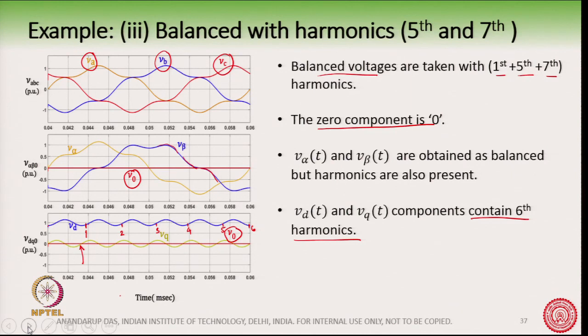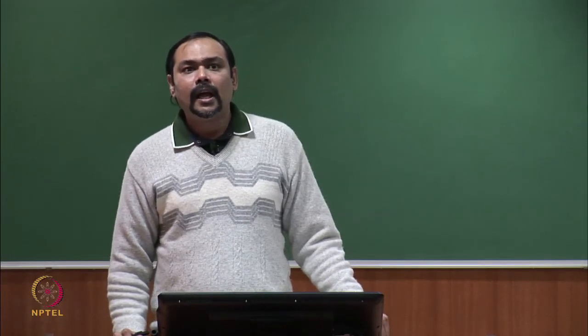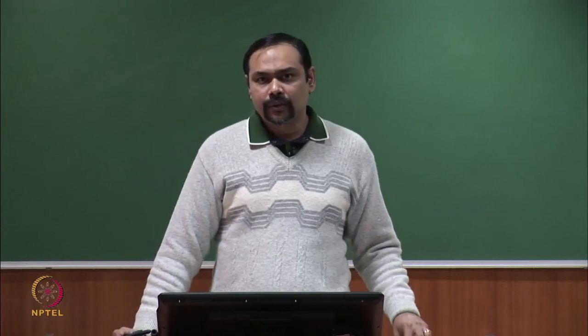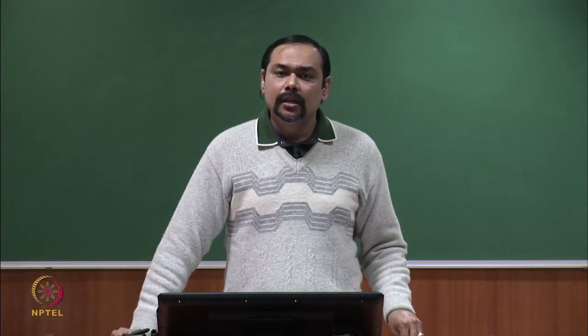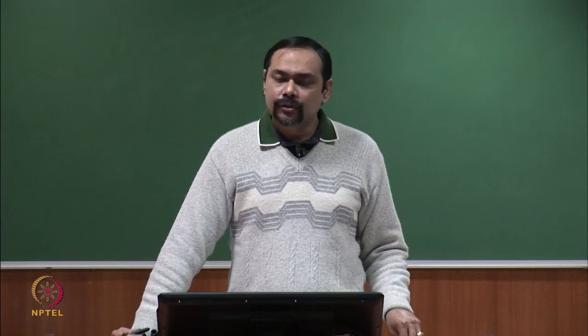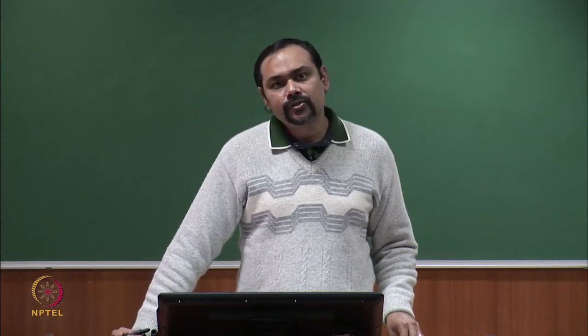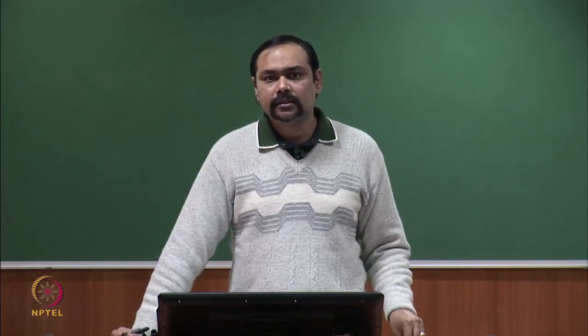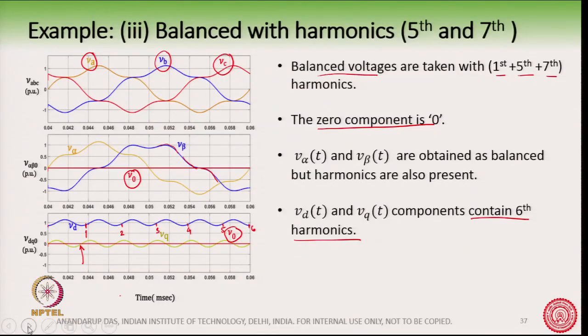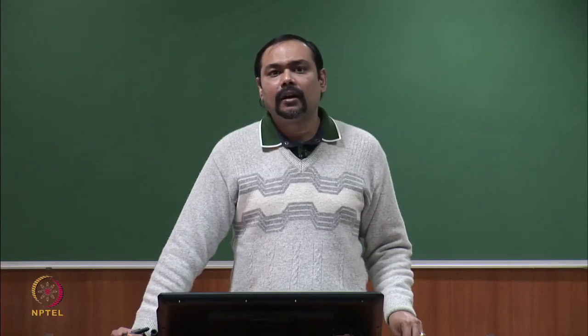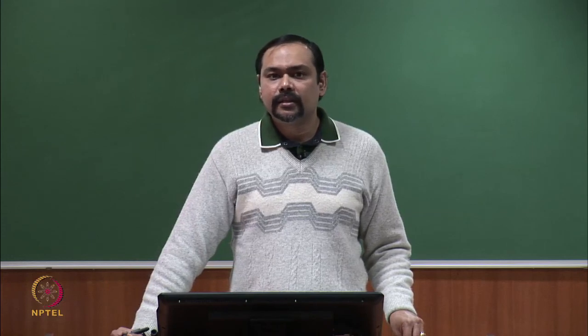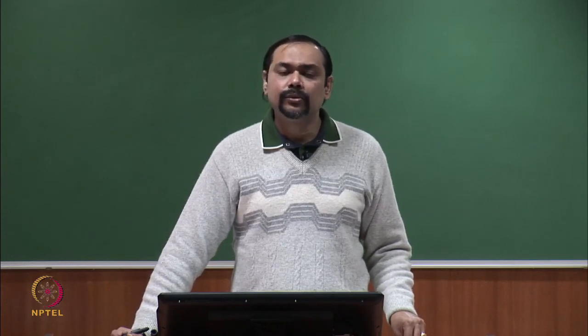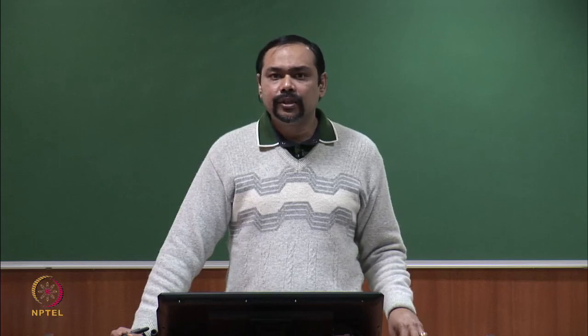So, here comes the end of the alpha, beta and dq transformation, and this transformation is very useful not only in power electronics, but also in machine analysis. Okay. So, a good understanding of this transformation is essential when you want to go deeper into the subject.